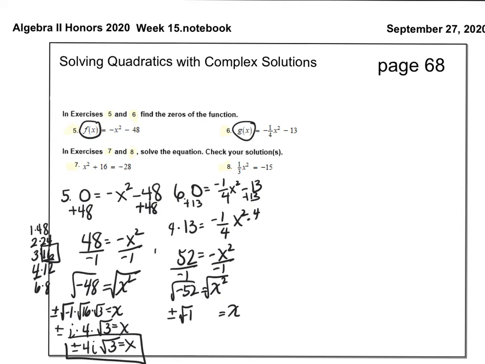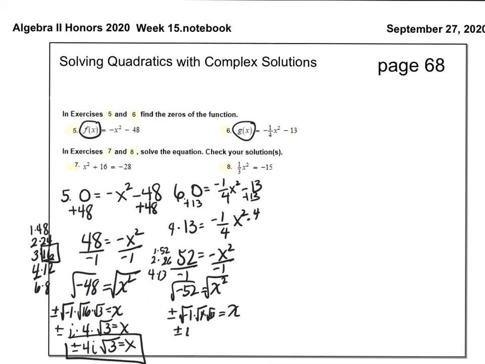52. 1 times 52. 2 times 26. Pardon me. 2 times 26. 4 times 13. So times the square root of 4 times the square root of 13. I would have plus or minus.